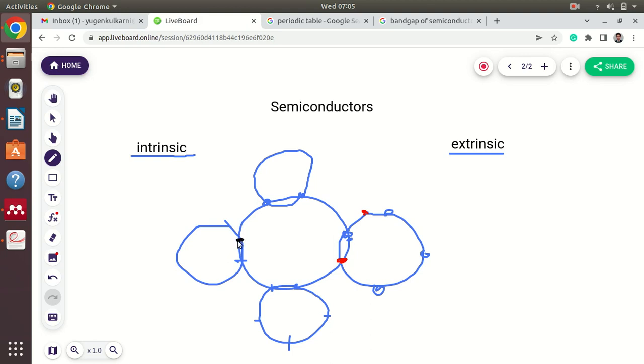Now you can see, though there are different numbers of electrons, the whole system is electrically neutral, because the number of protons inside the atom is exactly the same as the number of electrons. But it is possible that we can have availability of charge carriers.